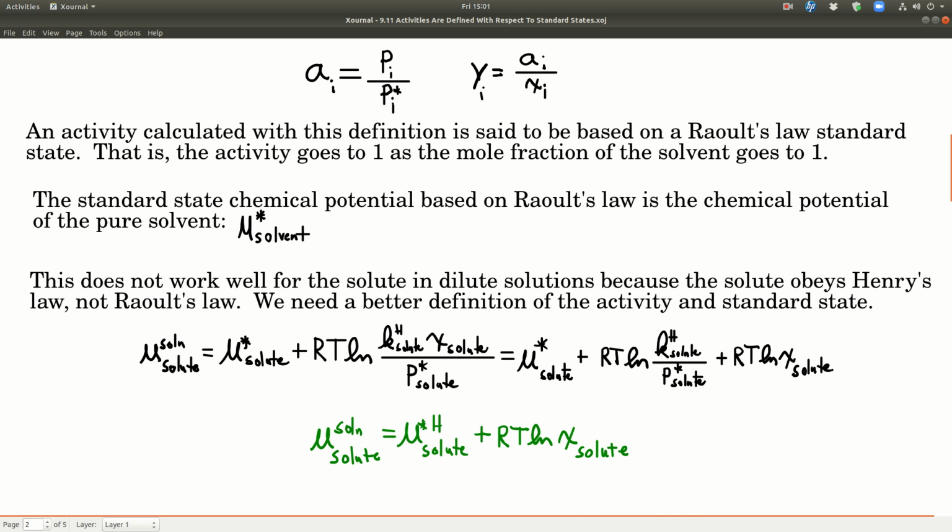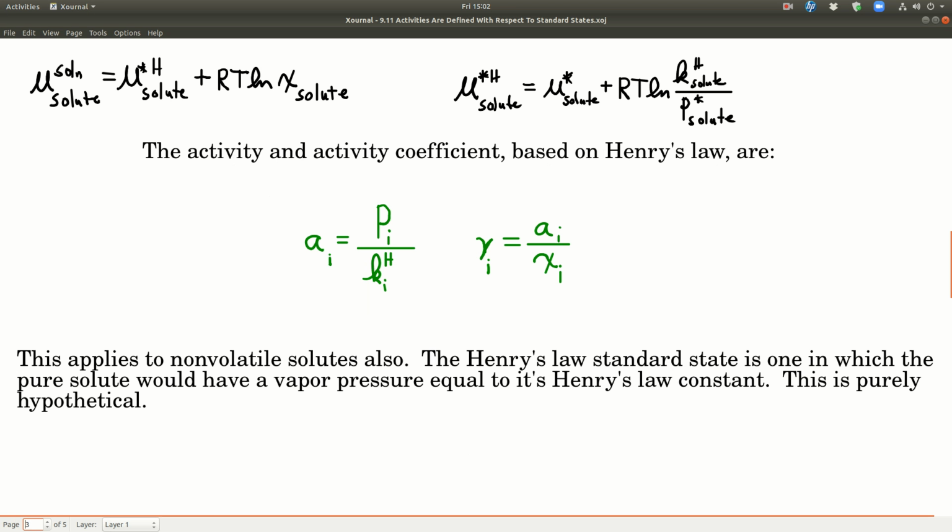In this equation right here, we've defined the chemical potential of the pure solute with the Henry's law standard as being these terms right here. All this right here, that's mu solute Henry's law. And there it is right there.